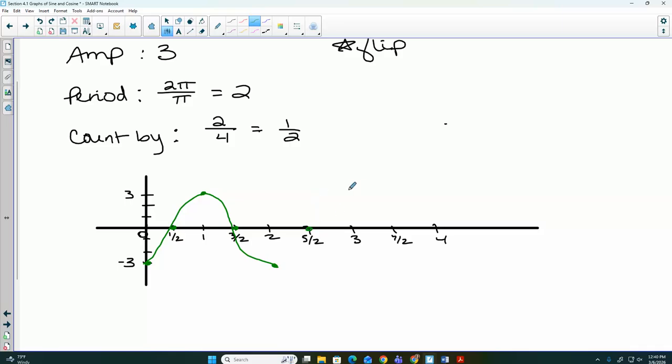And just keep alternating the points. What questions do you guys have for me?